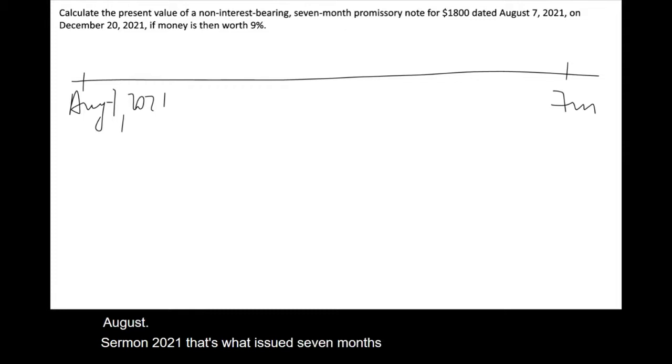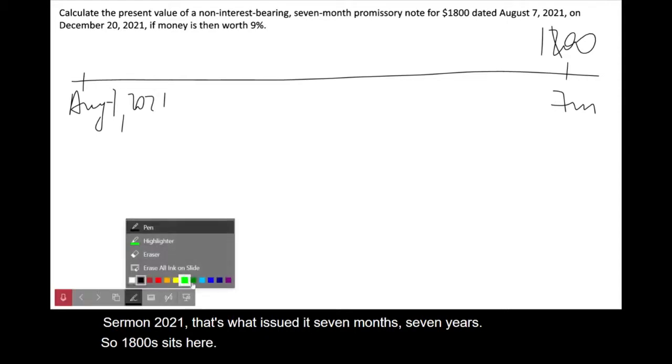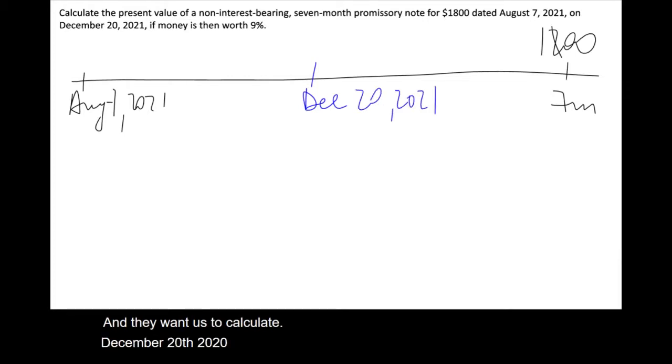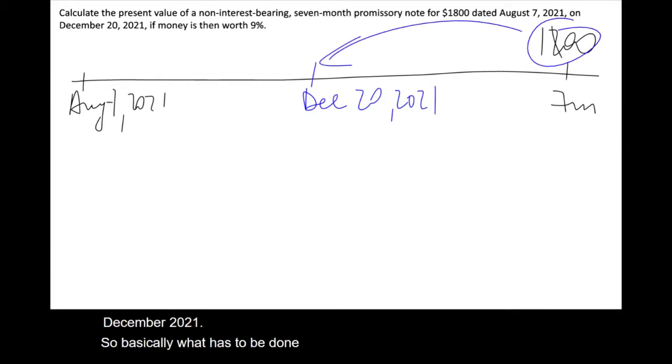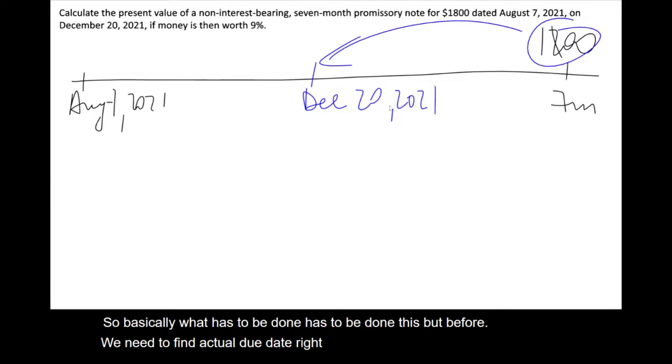So 1800 sits here. And they want us to calculate December 20th, 2021. But before, we need to find the actual due date, right? Because we need the number of days for our calculation.